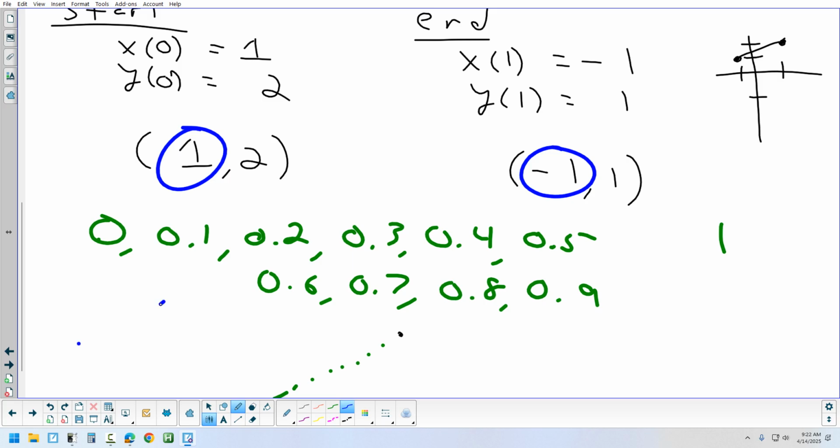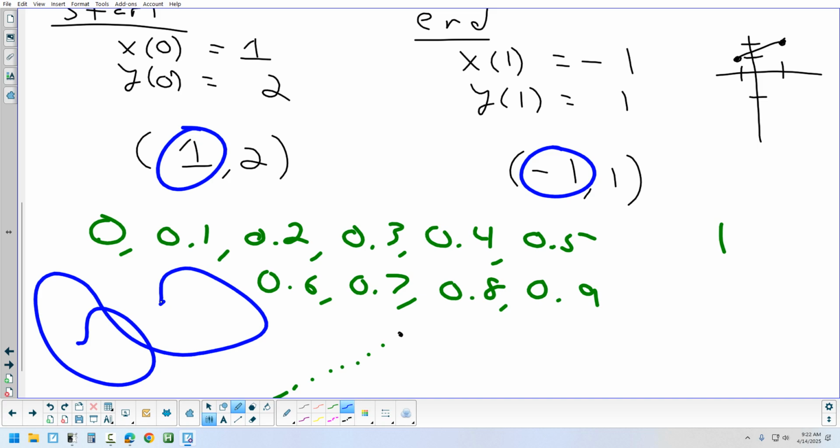Now, if it wasn't a line segment, but it did something like this, well, now -1 and +1 doesn't tell you much. You've got to figure out how far left you go and how far right you go. And how you figure that out, well, that could be hard to figure out in that case. So we're not going to have one that complicated.